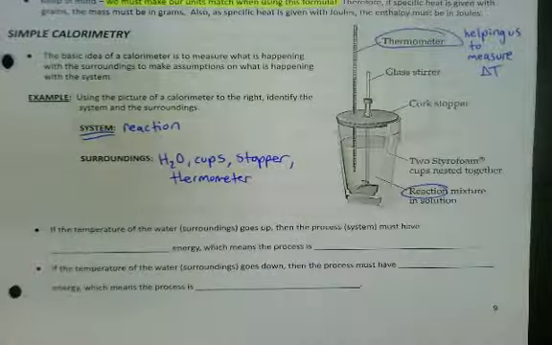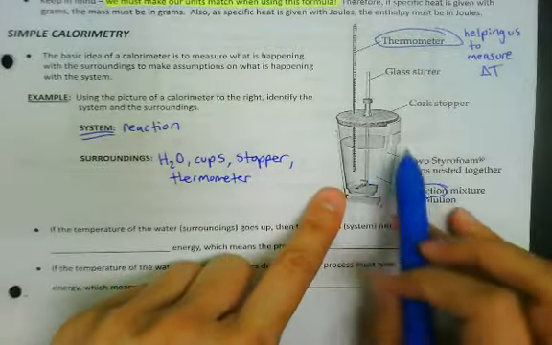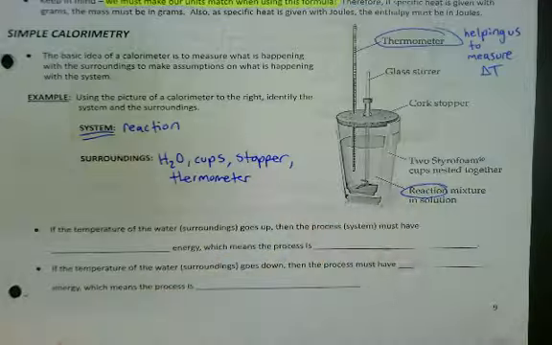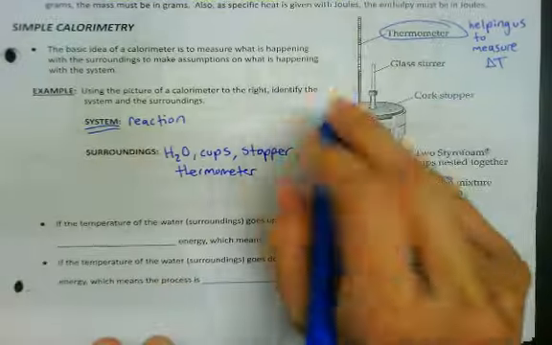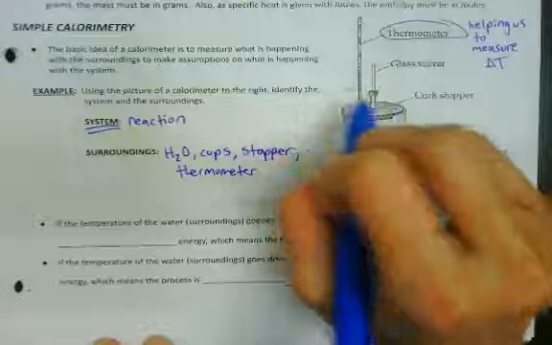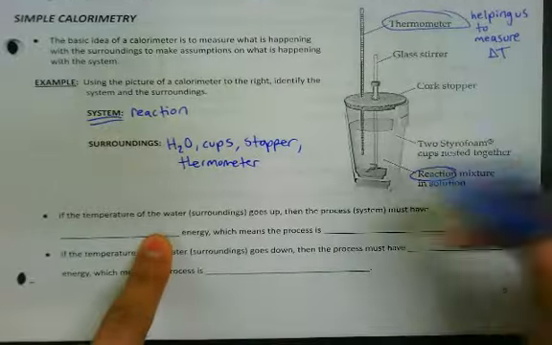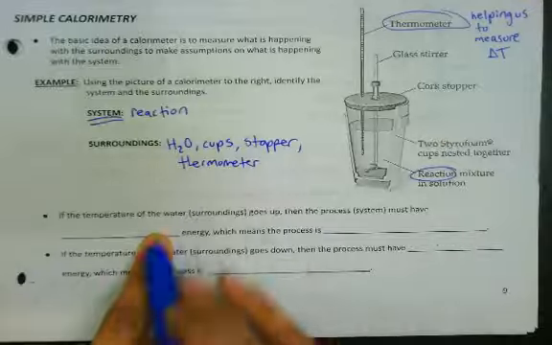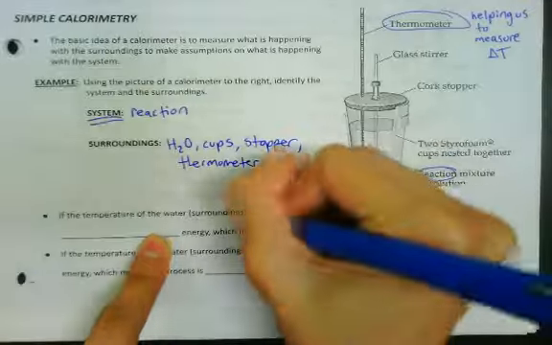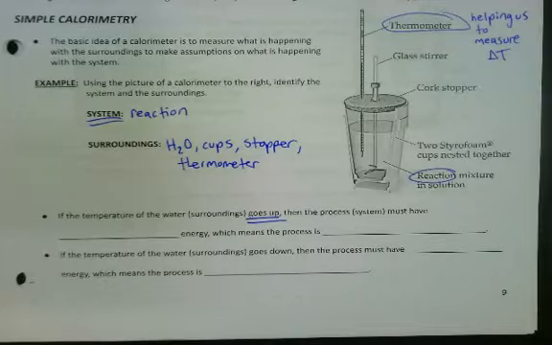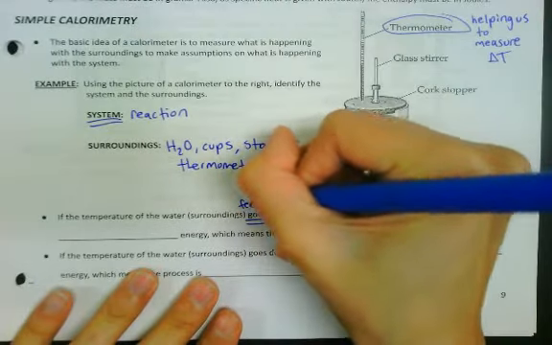So as we are looking at this calorimeter, if we have a reaction going on in our calorimeter, we can make some observations. We can, of course, record starting and ending temperatures with the thermometer. If the temperature of the water, the surroundings, goes up, that's going to feel warm to us.